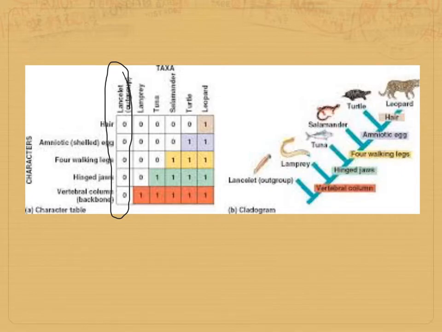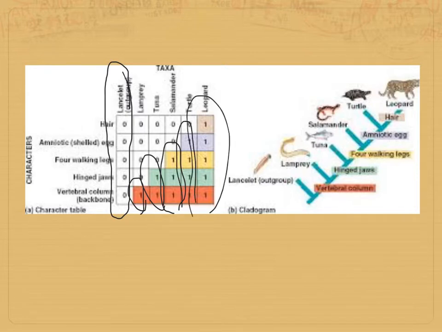Okay, and then we're going to take a look at some other organisms, and basically, hopefully what we'll end up doing is adding one or two characteristics at a time. So you can see by the color-coded, as we go up and we look at these different organisms, we see that they're getting more and more complex each time.